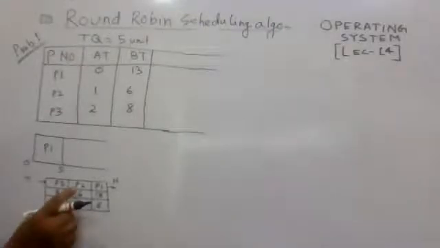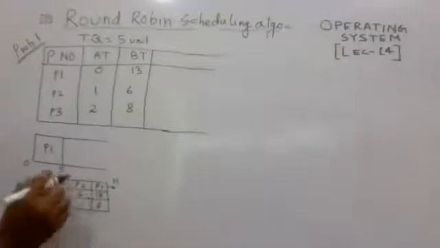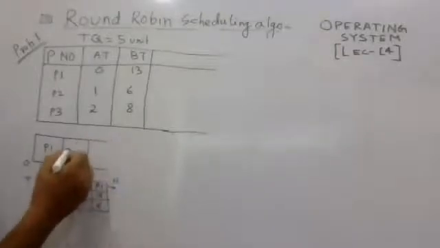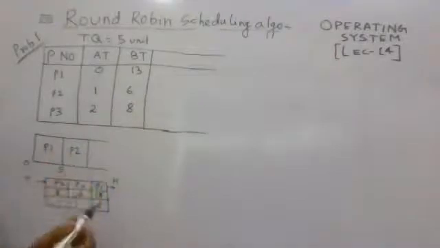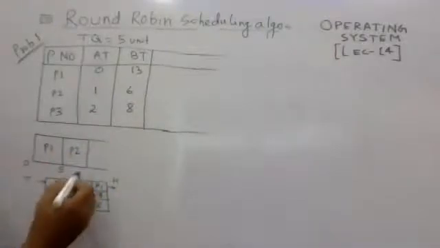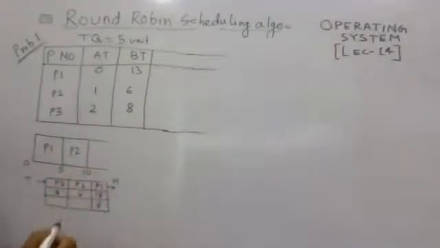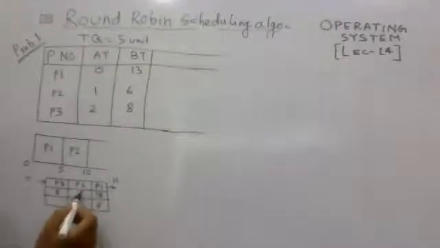Now after that we have to schedule P2 for 5 time units, so it will be 10, and the remaining time for P2 is 1.